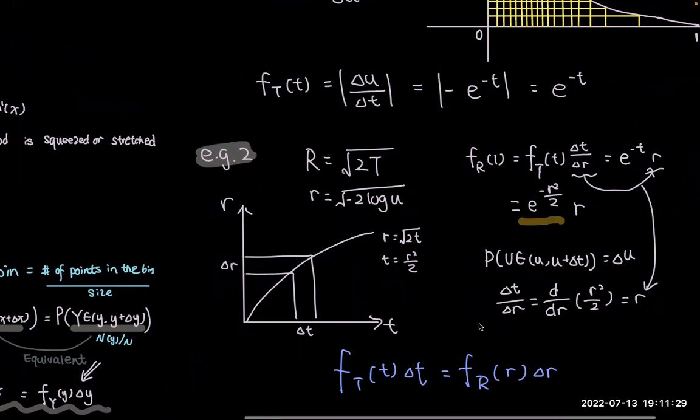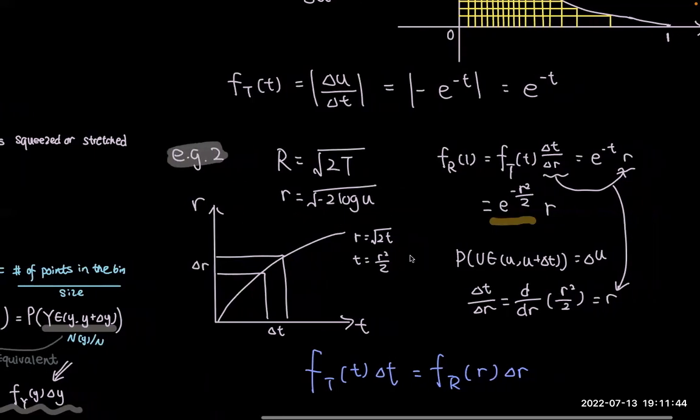So we always start from this identity. This transformation is that r equals the square root of 2t, and the inverse transformation is t equal to r squared over 2.